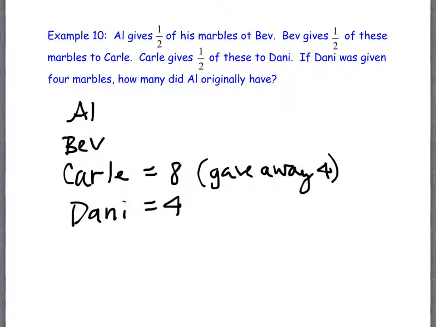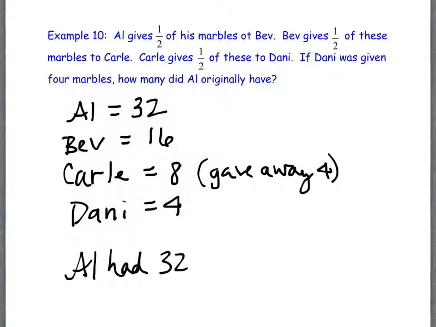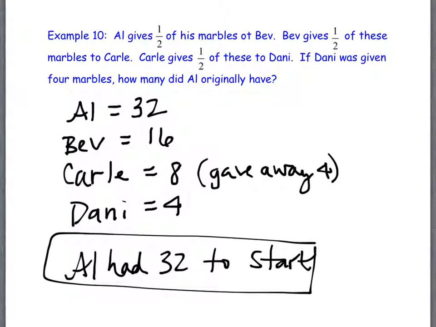Now, it doesn't ask you that, but I want to make sure you understand that if the question had been asked slightly differently, your answer to the process that you're working through would also be different. How many does Bev originally have? 16. So how many did Al originally have? 32. How many does Al have now? 16. Good. All right, so Al had 32 to start. Any questions on that? Okay.